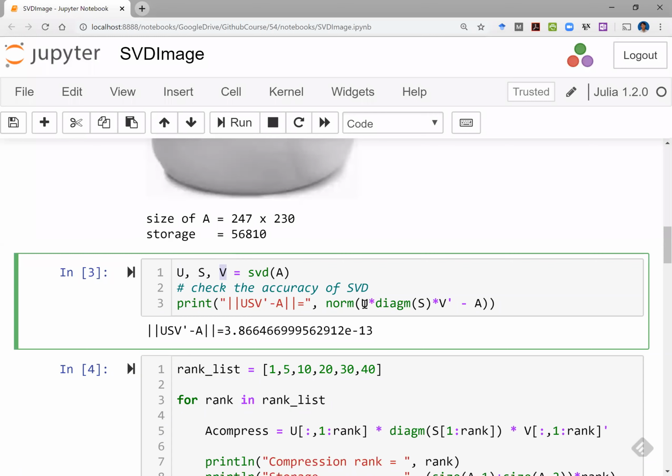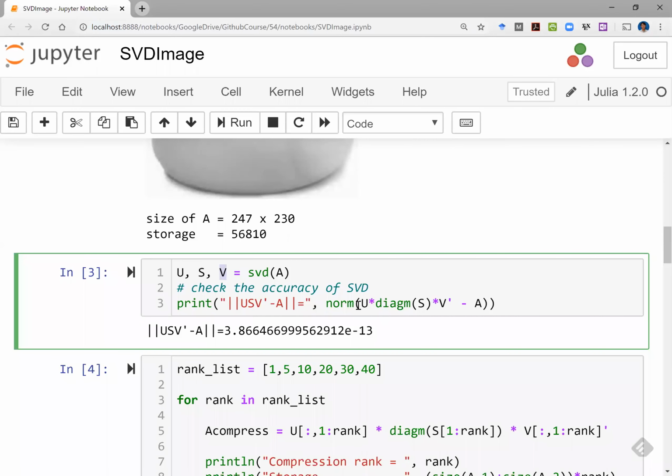Then I just want to show you that A equals U S V prime. The prime means complex conjugation and transpose, the star operation we talked about last time. But U, S, V are real matrices, so this is just a transpose.